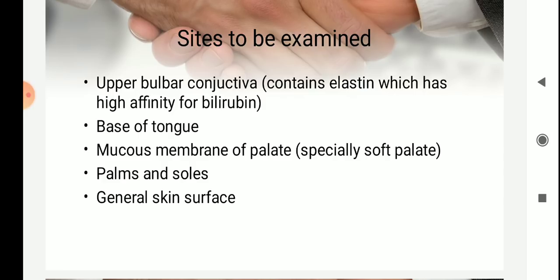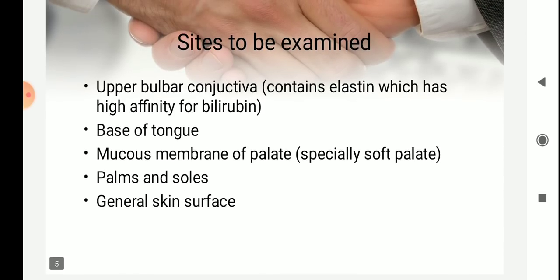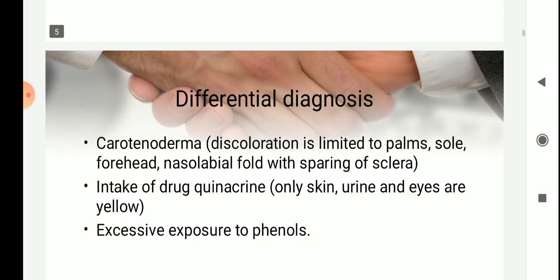That's a false notion that some RMP doctors or quacks give you. Why do the grains become yellow in the palms of a jaundice patient? Because body secretions also contain this yellowish discoloration. So, general skin surface.